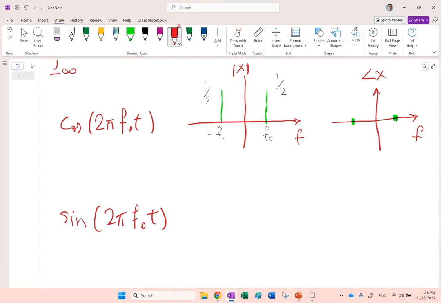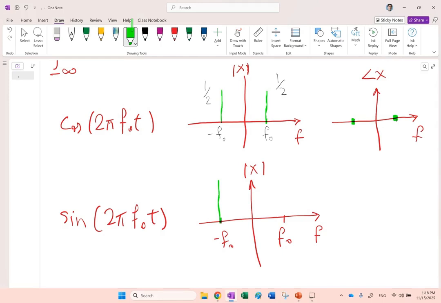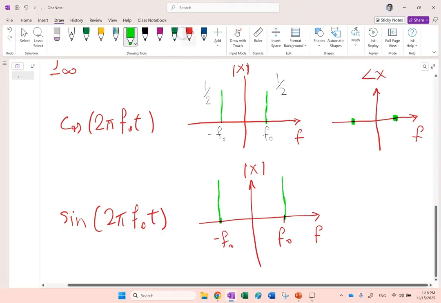But if you do it for sine, the magnitude is going to be similar. They are still 1/2 at those frequencies. So you get again the same thing, 2 spikes, because that's the same frequency, right?